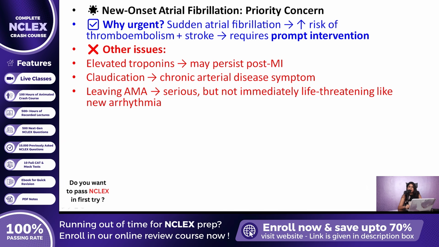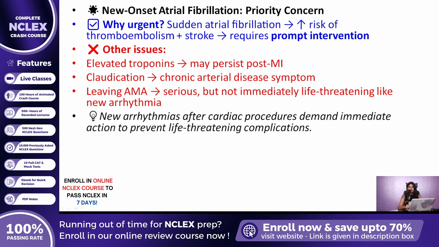Although the client wanting to leave against medical advice is a serious situation, it does not carry the immediate risk of embolic complications seen with new onset atrial fibrillation. The key takeaway is that new arrhythmias after cardiac procedures require immediate attention to protect the client from life-threatening complications.